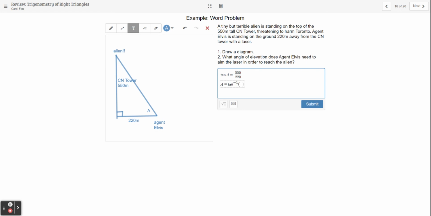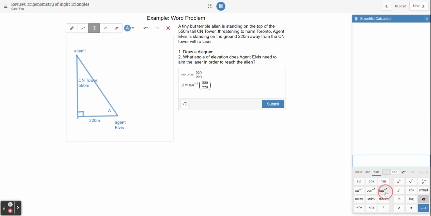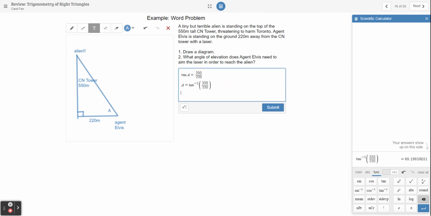Okay, inverse tan of 550 divided by 220, 68 degrees. Let's answer it in a sentence since this is a word problem.